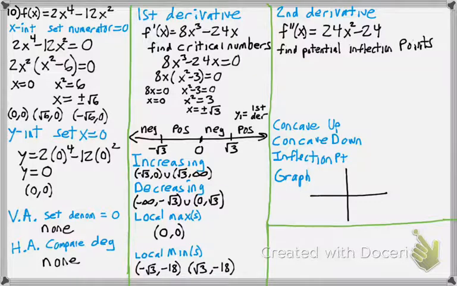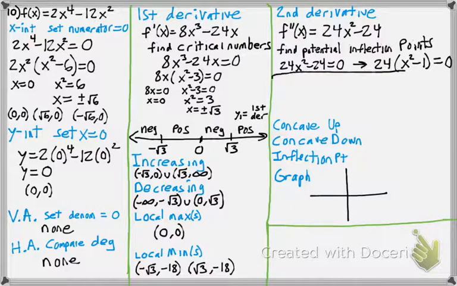So if I do 24x squared minus 24 is equal to 0, I can definitely factor out a 24, leaving me with x squared minus 1, and then x squared minus 1 will be (x plus 1)(x minus 1) is equal to 0.